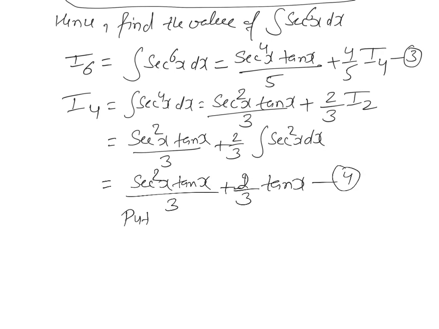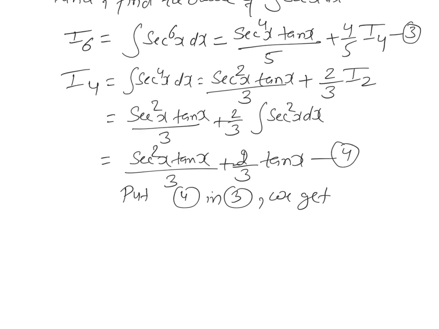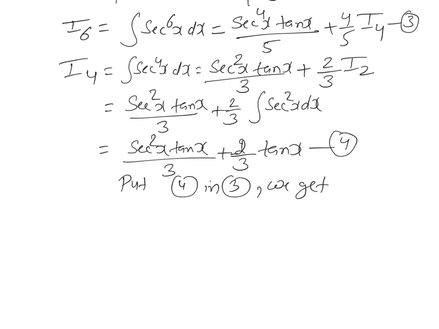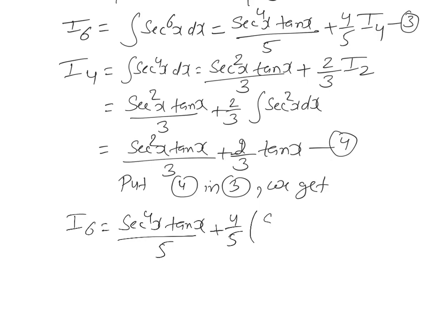Put 4 in 3, we get, what will we get? Now substitute it. I_6 will be secant^4 x tan x by 5 plus 4/5 times I_4, which is secant^2 x tan x divided by 3 plus 2/3 tan x.